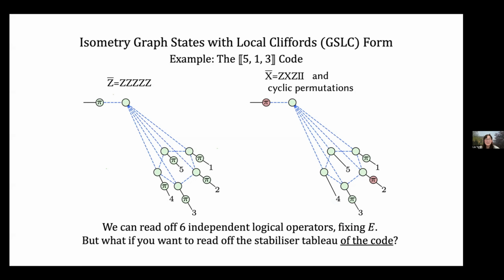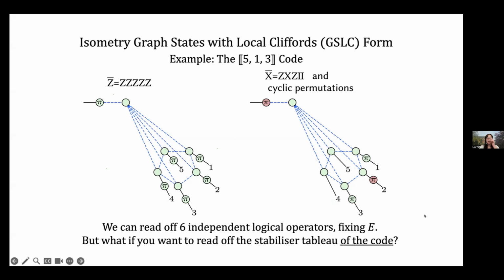But all 6 of these are logical operators. And so we would have to do additional row operations and additional computation if we wanted to read off the stabilizer tableau for the code. So actually knowing what the code is.